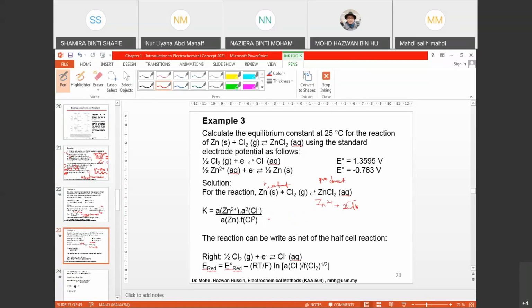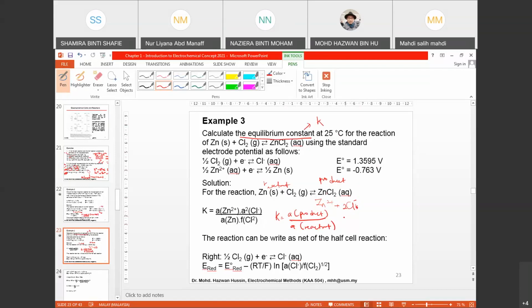So the K equilibrium is related to the activity of the product over the activity of the reactant, because the question asks for the equilibrium constant.